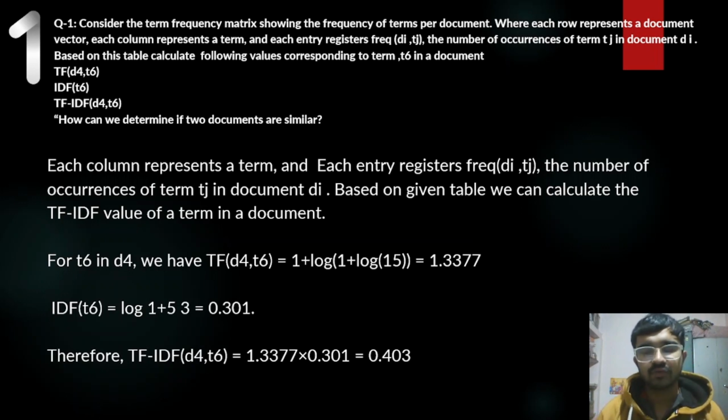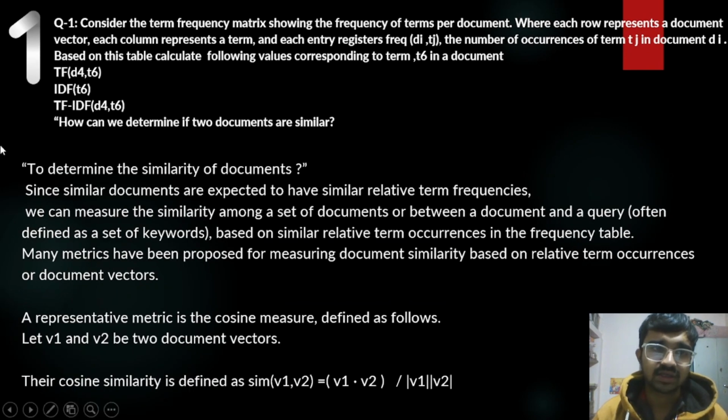But wait a minute, here is another question: how can we determine if two documents are similar? To determine the similarity of documents, we can compare the term frequency vectors of document 1 and document 2 by this formula.